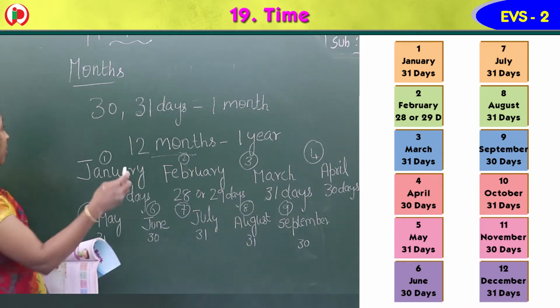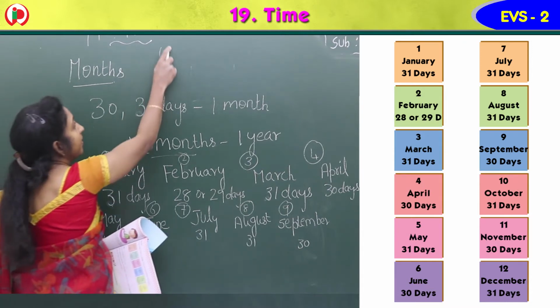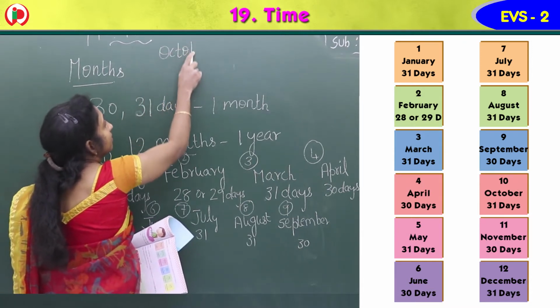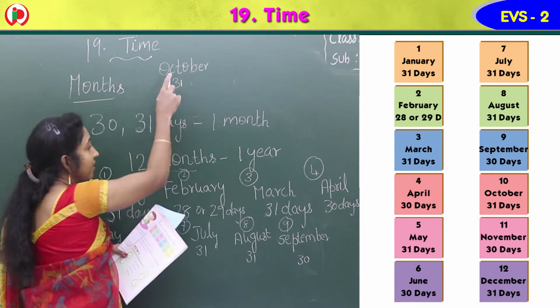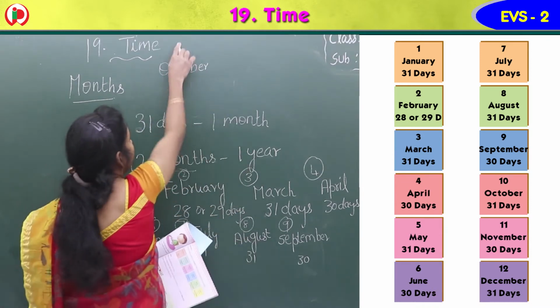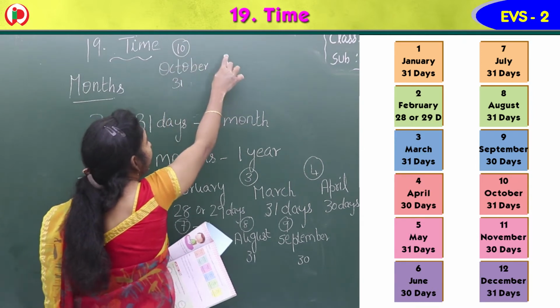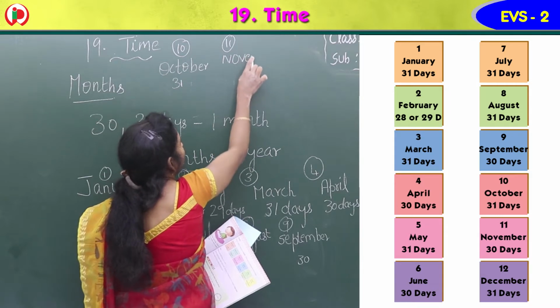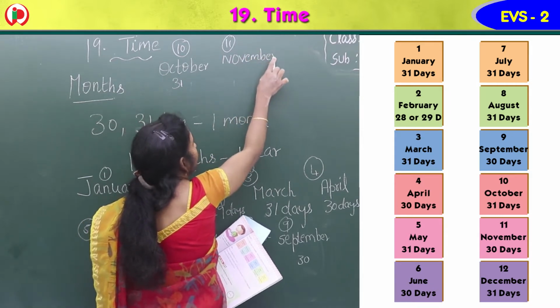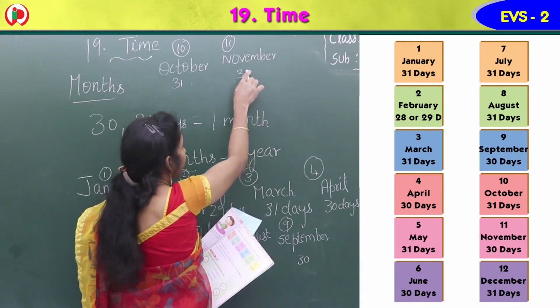Then comes October. October we have 31 days. So this is the 10th month. Then 11, it is November. November is the 11th month. We have 30 days.